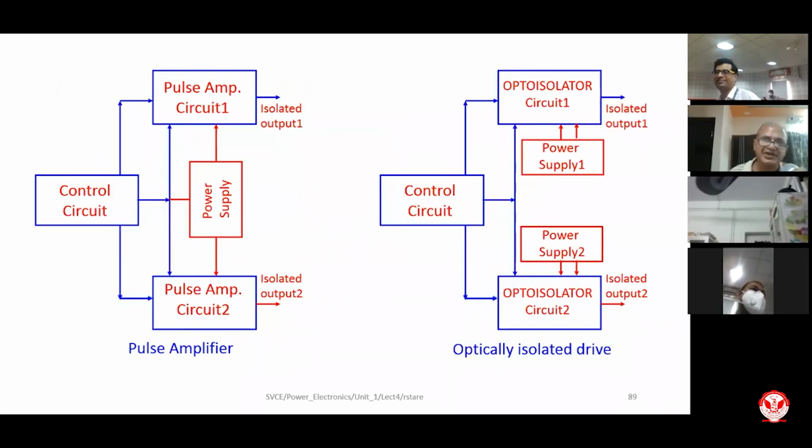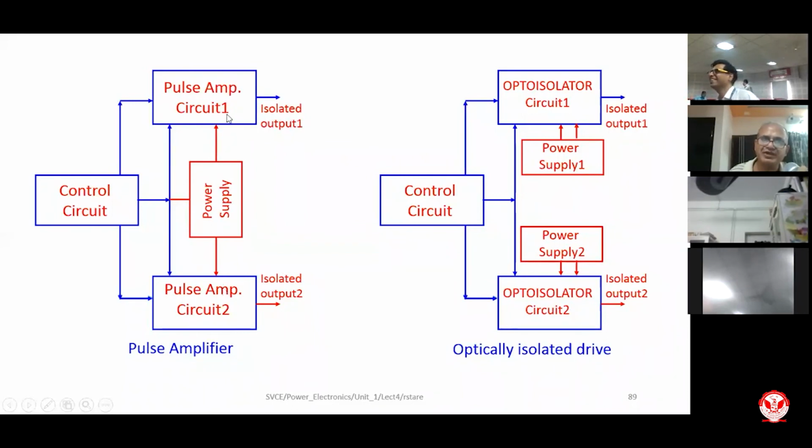As I just quoted, there are two approaches we have discussed. In one case, electromagnetic isolation, that is pulse amplifier. I have a control circuit, and then this is generating two outputs. One goes to circuit 1, another goes to circuit 2. Because outputs are isolated through transformers, I'm using the same power supply for feeding pulse amplifier 1 and pulse amplifier 2.